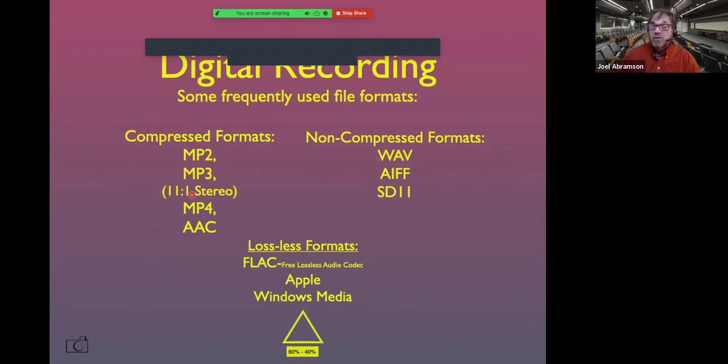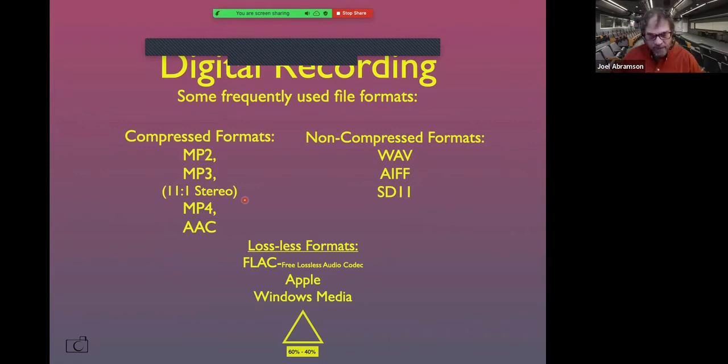So in your 44.1, 128 MP3 file type, you are left with somewhere around 10% of the original audio information. And they have figured out that that's an acceptable amount of loss for most people.